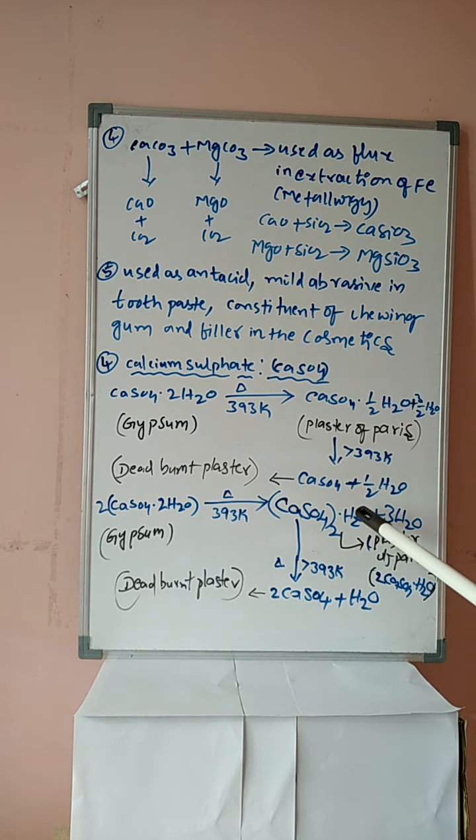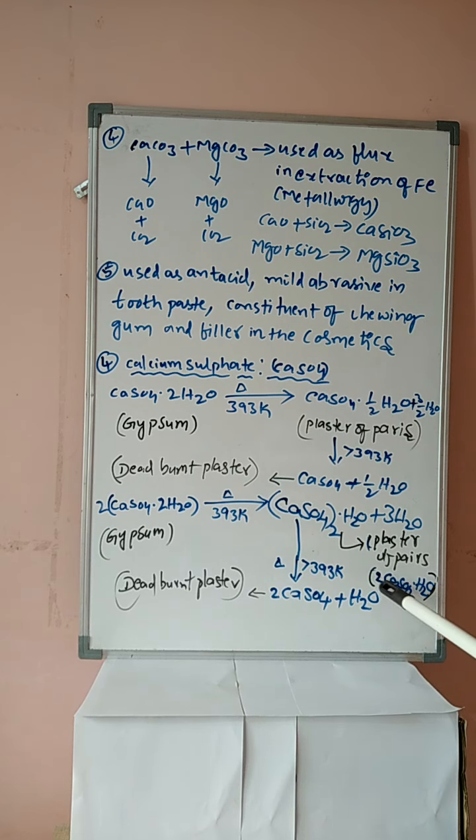That is, one water molecule contains two calcium ions and two sulfates, and half water molecule contains one calcium ion and one sulfate. The calcium and sulfate are double the number of water molecules. That is nothing but plaster of Paris. If one water molecule is present, 2 sulfate, 2 calcium. If half water molecule is present, 1 calcium and 1 sulfate. That is the formula of plaster of Paris.